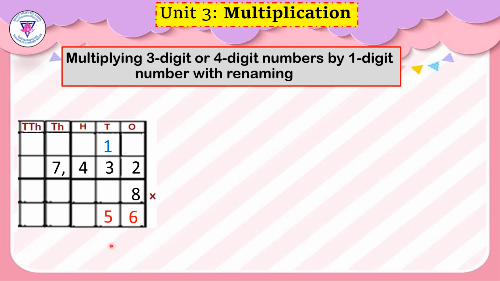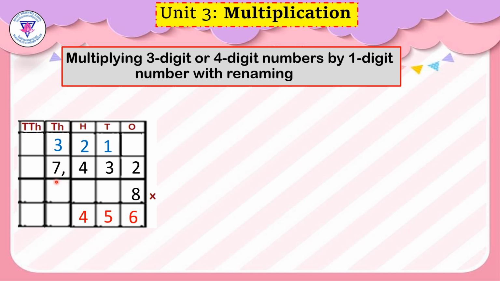You need to write 5 and then carry 2. The next step is you multiply 4 by 8. So 4 times 8 is equal to 32. And then again, you need to add number 2. So the answer is 34. Write 4 and then carry 3.